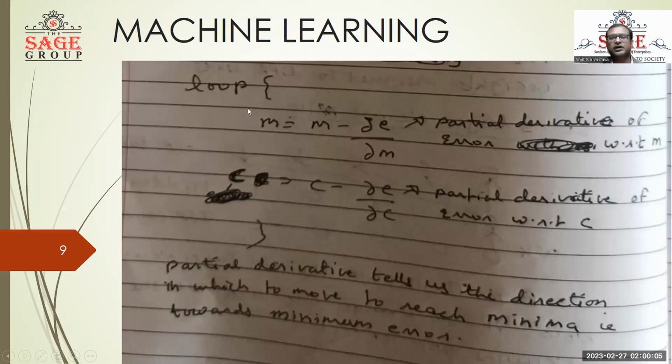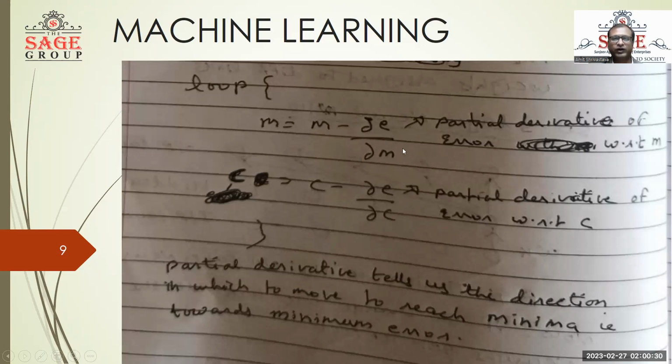So what happens? Let us say we want to change this m. So how am I going to change this m? The new m will become equal to old m minus del E upon del m. Now del E upon del m is the partial derivative of error with respect to m. It means, what is the total impact of this m on the total error?